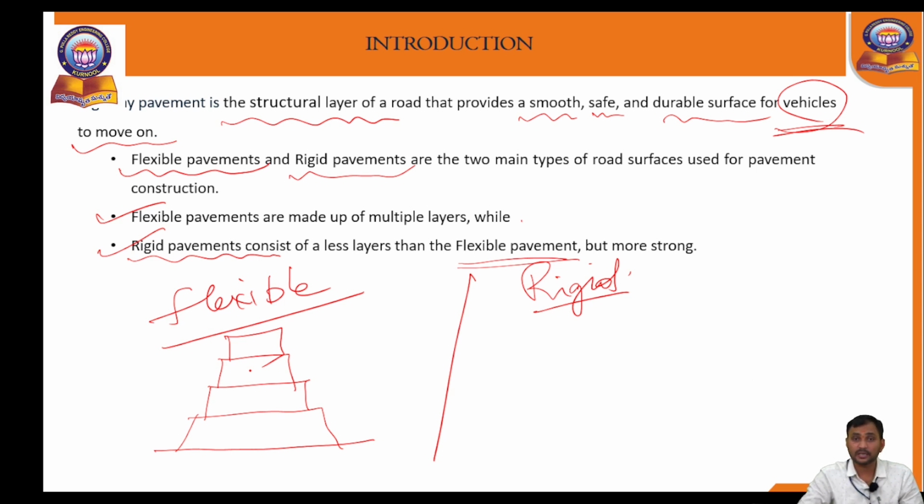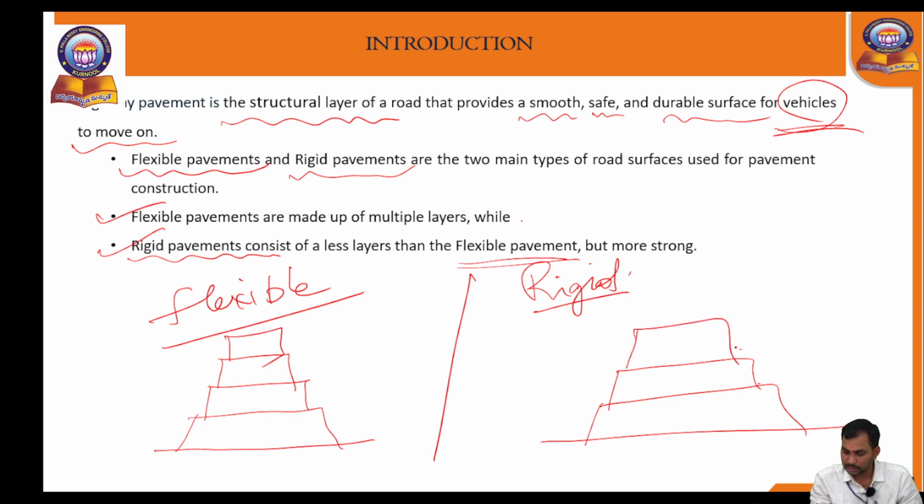The rigid pavement has fewer layers, just 1, 2, 3. In flexible pavement, the first layer is the subgrade layer, which is the base of a road.